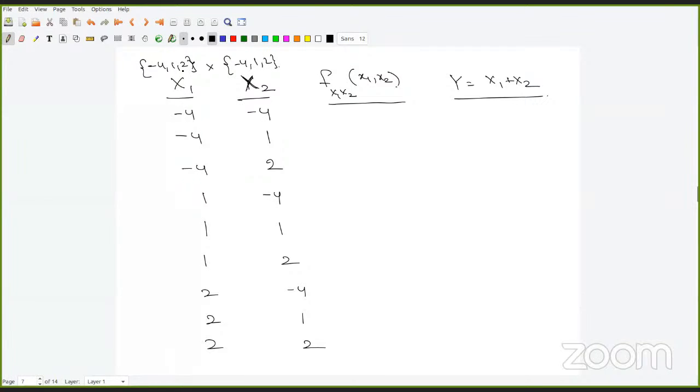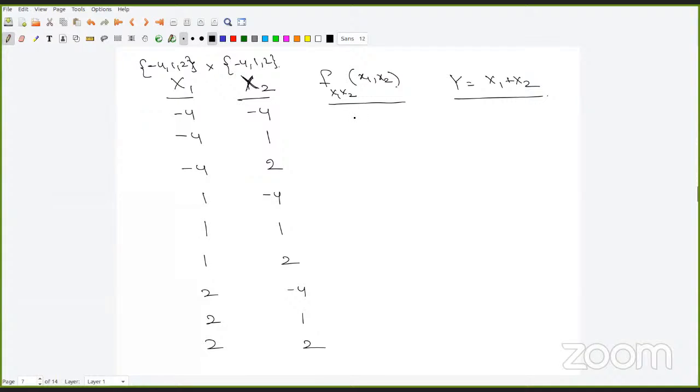If x1 can take 3 values and x2 can take 3 values, when you compute the joint PMF table, how many entries will be there? 9, correct? It's actually the product of the ranges. So that many rows you will get here. Even if you forget one row, you will get wrong answers.